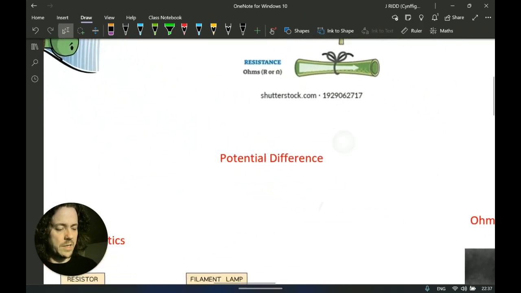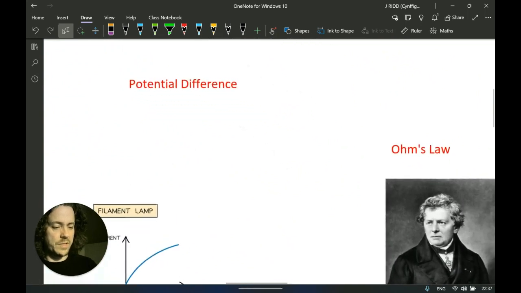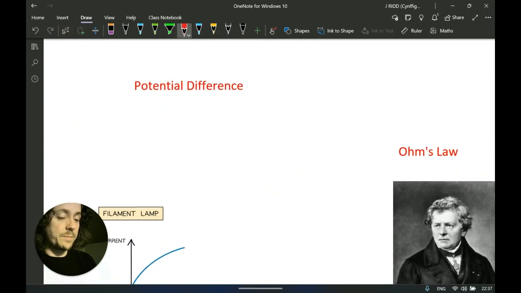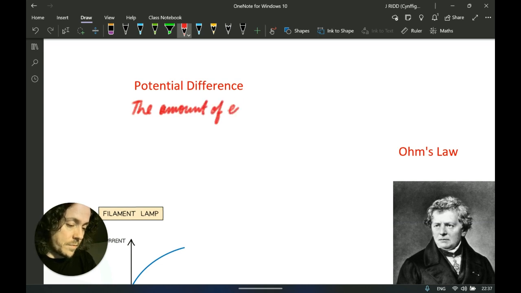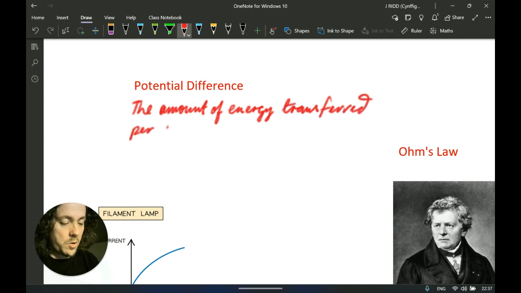And now we're going to look at defining potential difference. Potential difference is the amount of energy transferred per coulomb of charge.